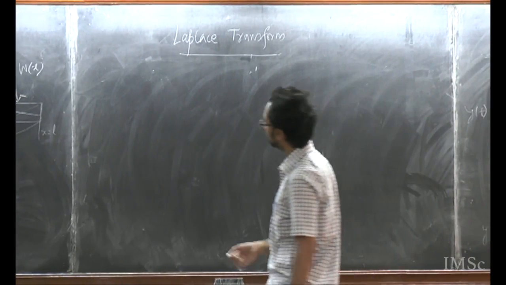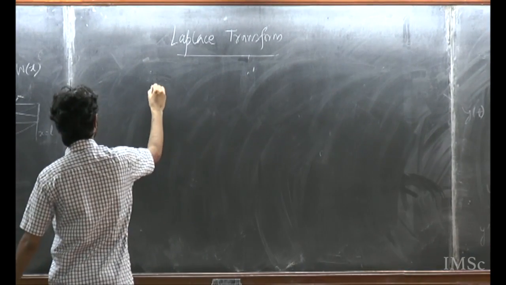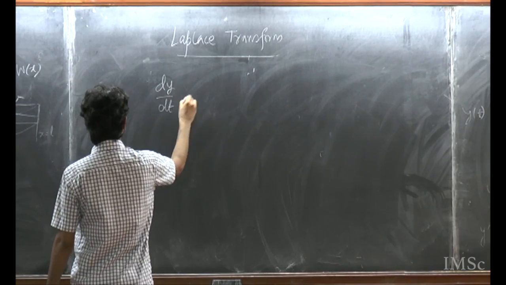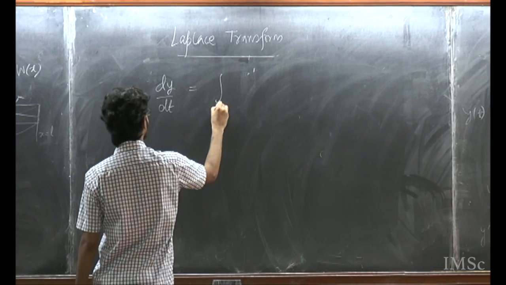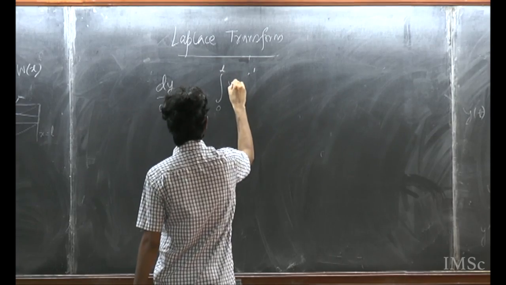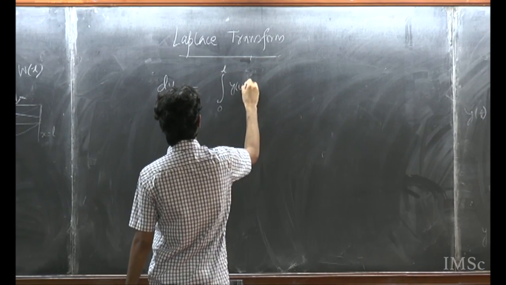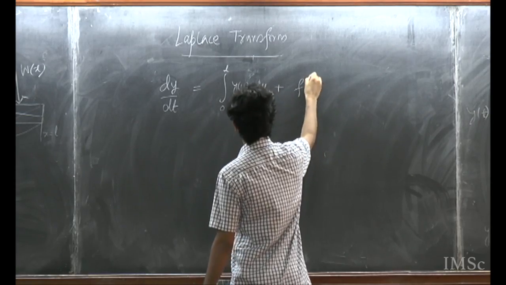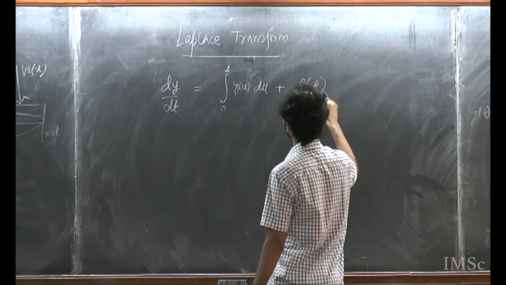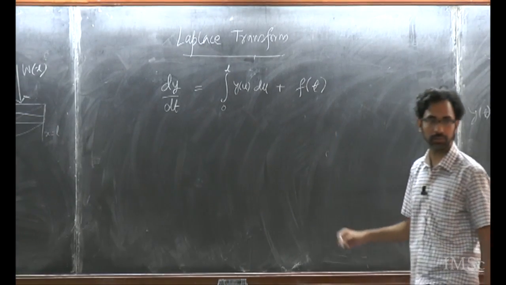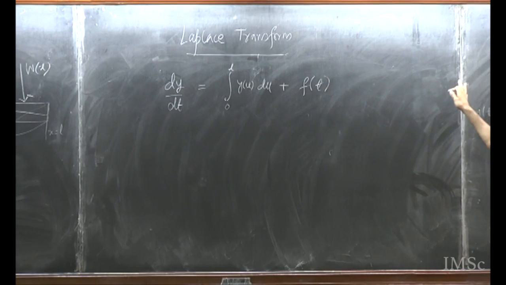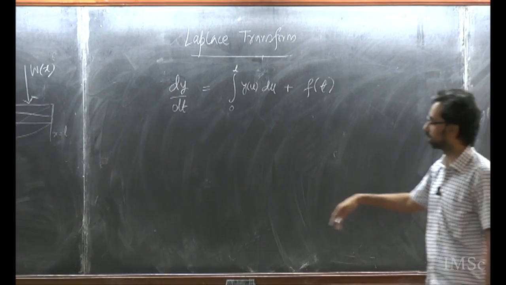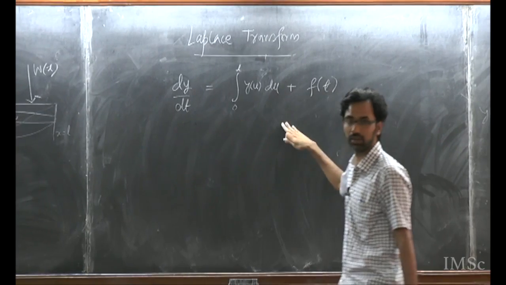So what is an integro-differential equation? It is something like dy by dt equals integral 0 to t y(u) du plus some function of t, okay, with given initial values. Okay, so this has a differential and an integral.